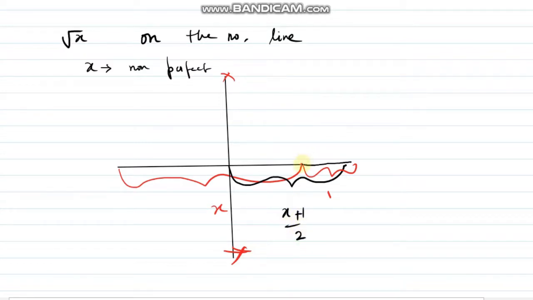Now if I take this as the center, and take x plus 1 by 2 as the radius, and draw a circle, the bigger circle like this.